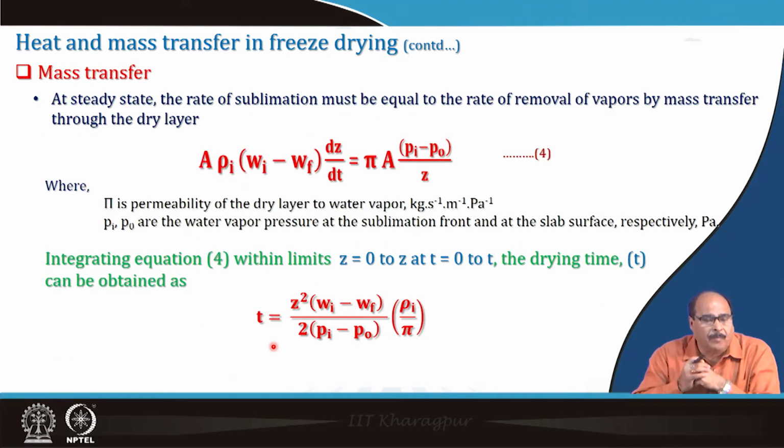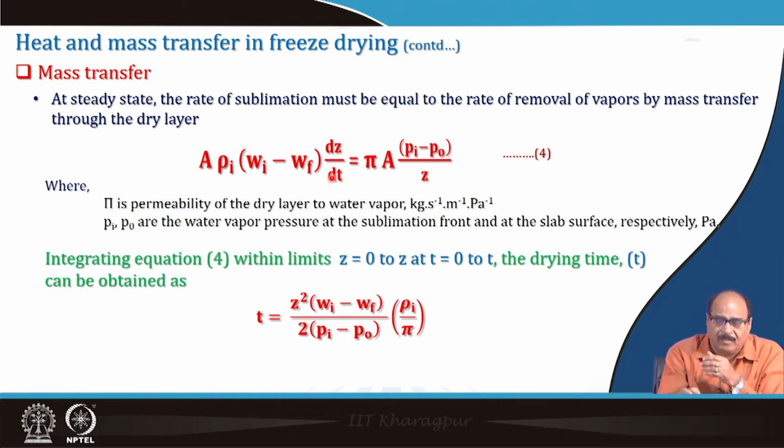If you see the mass transfer, at steady state, the rate of sublimation must equal the rate of removal of vapors by mass transfer through the dry layer, and that is expressed as equation 4.